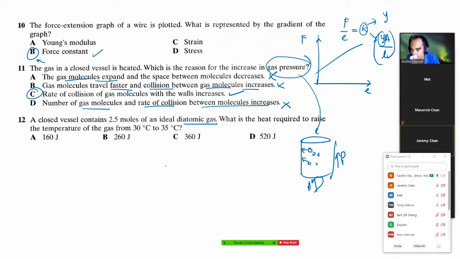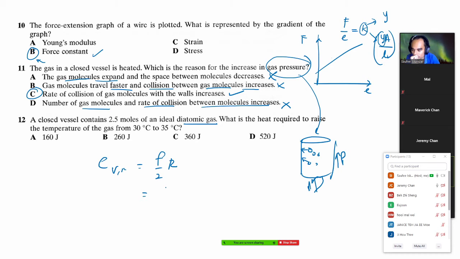Number 12. So CVM. These are troublesome. If it's a chapter about CVM, all these are trouble. CVM is F over 2 R. So how much is F?